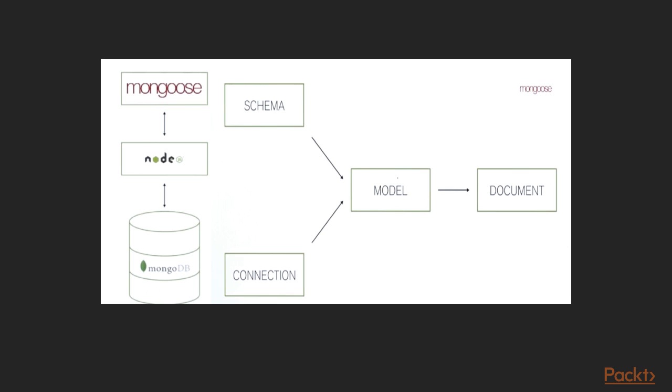The schema defines a set of rules and parameters that we shall be using. The connection is the number of sockets that we shall be persisting between the Node.js server and the MongoDB. When we combine both of them, we refer to them as the model. A document can be looked at as an instance of the model, where we shall be defining our JSON, and we shall be able to use it to save data to the database and persist it.